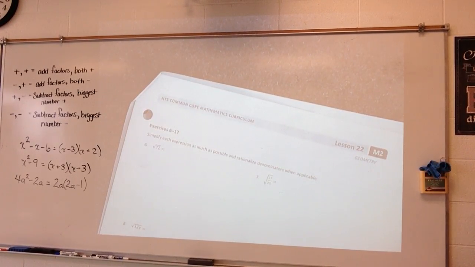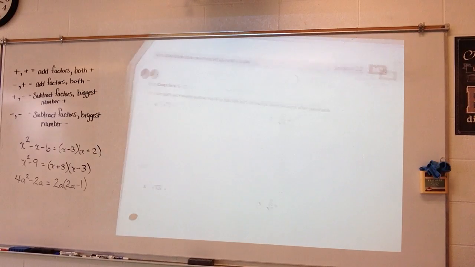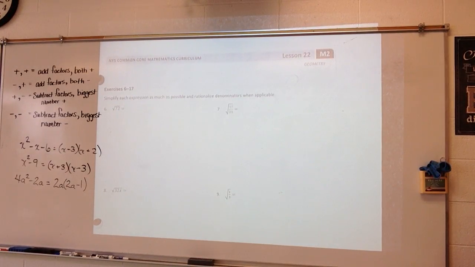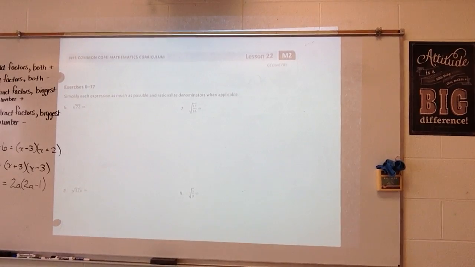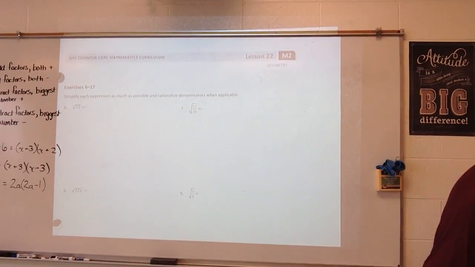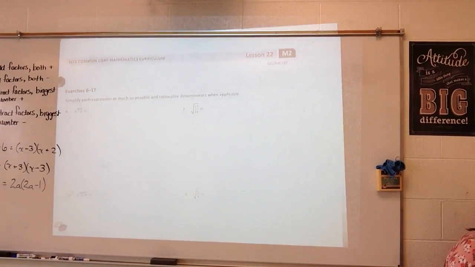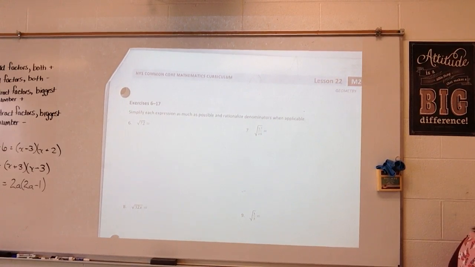So we're going to pick up where we left off on exercise 6. Looking at exercise 6, I know that 72 is not a perfect square. So I'm going to see what I can do with this. I want to see if I can break it down into something that is a perfect square.